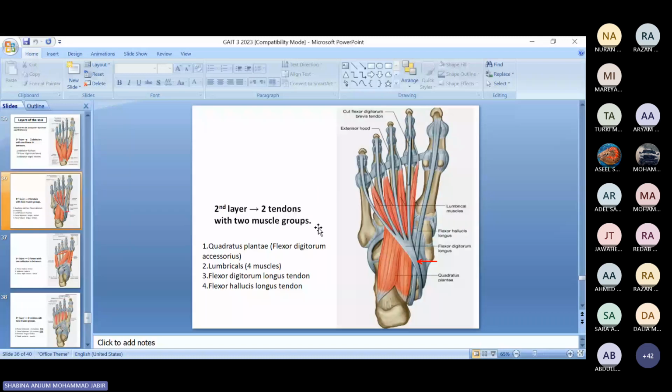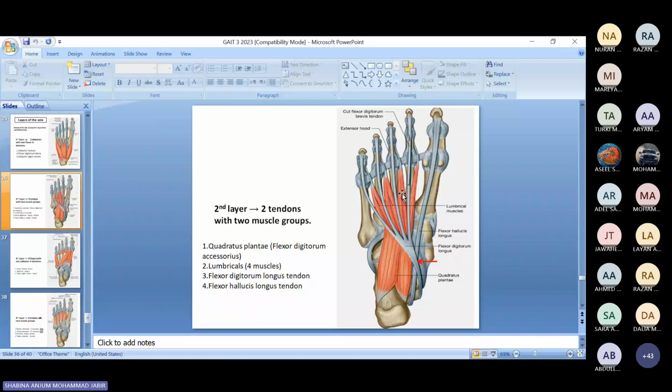Then we have the second layer, in which we have 2 long tendons and 2 muscles. Which 2 muscles can you see here? This is the quadratus plantae, and here we have these 4 muscles. You already know them: in the upper limb also there were very small muscles attached to the tendons.